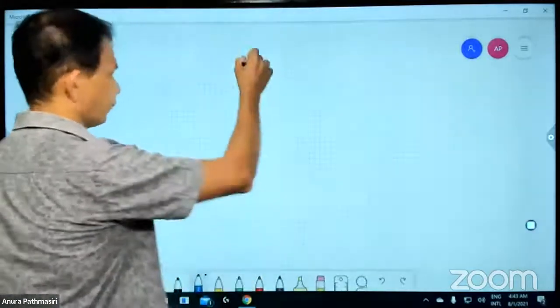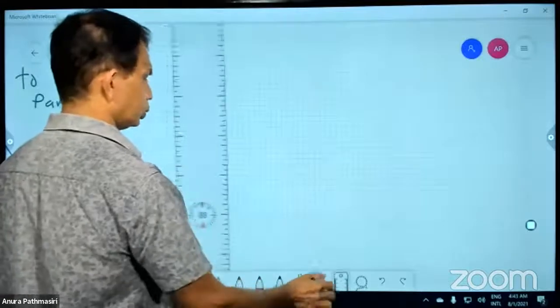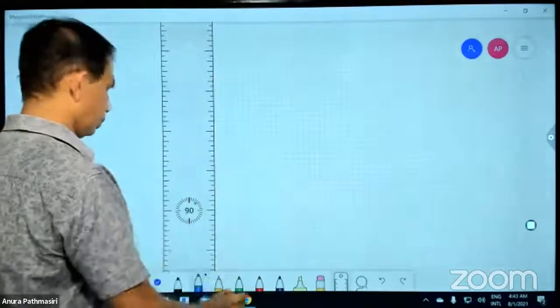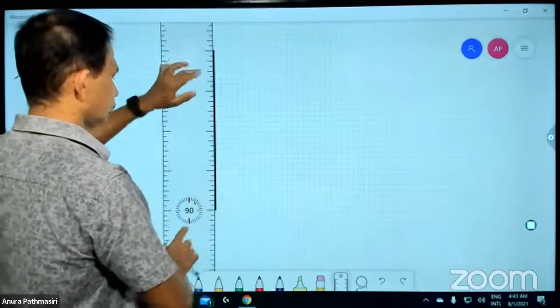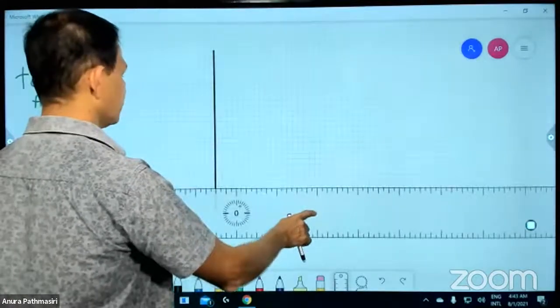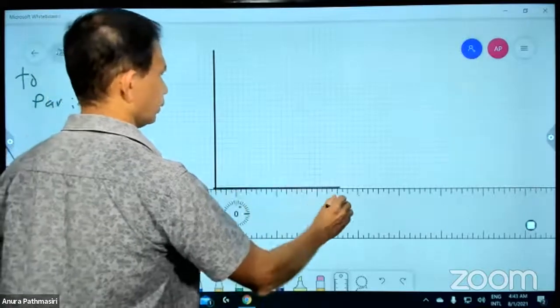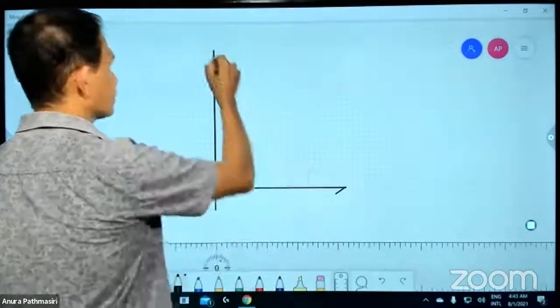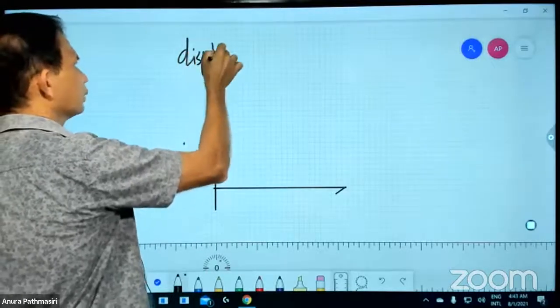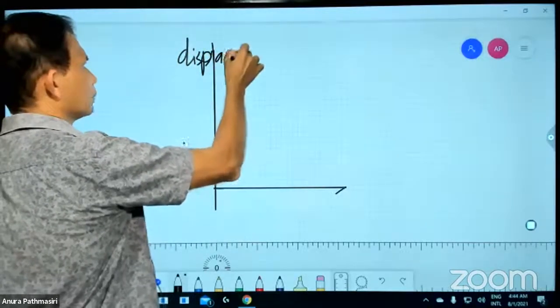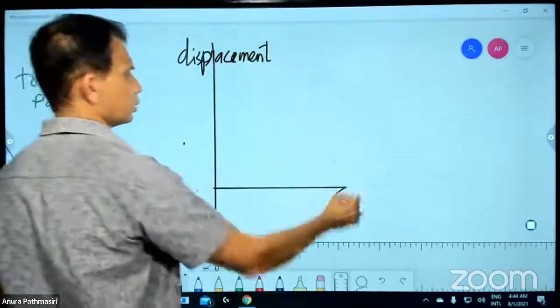Look at here. There you got two graphs. This is of course the displacement time graph. This is displacement, and this is time.